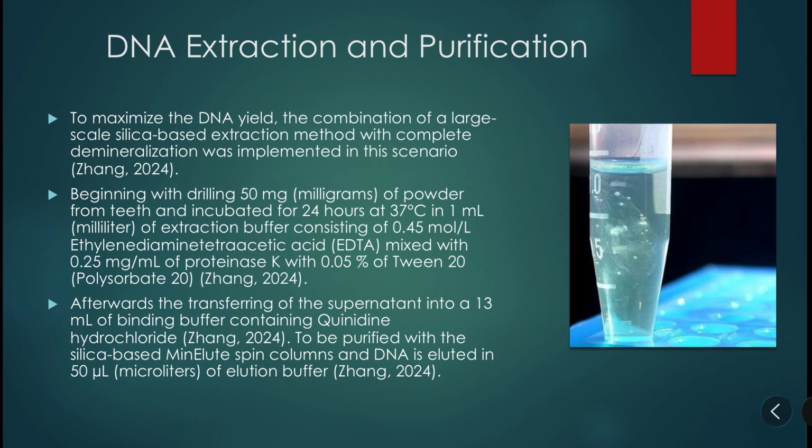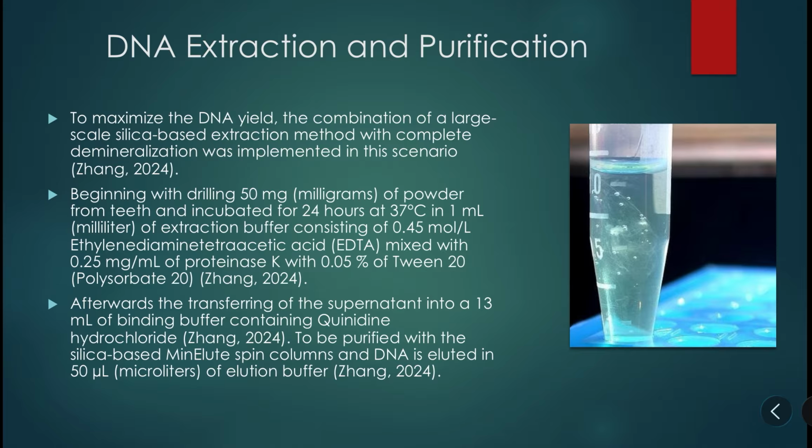DNA extraction and purification. To maximize the DNA yield, the combination of a large-scale silica-based extraction method with complete demineralization was implemented in this scenario, beginning with drilling 50 milligrams of powder from teeth and incubating for 24 hours at 37 Celsius in 1 milliliter of extraction buffer consisting of 0.45 moles per liter ethylenediaminetetraacetic acid, EDTA, mixed with 0.25 milligrams per milliliter of proteinase K with 0.05% Tween 20.